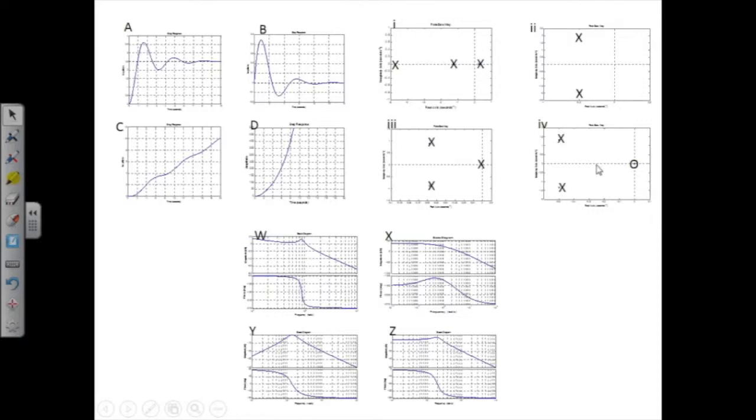What about this one? What's dominating that one? There's a 0 right on the origin, isn't there? What gives us a 0 at the origin? A pole at the origin we just figured out is an integrator. What gives us a 0 at the origin? Differentiator. Okay, what does that look like?